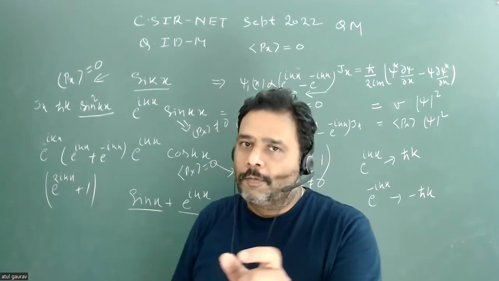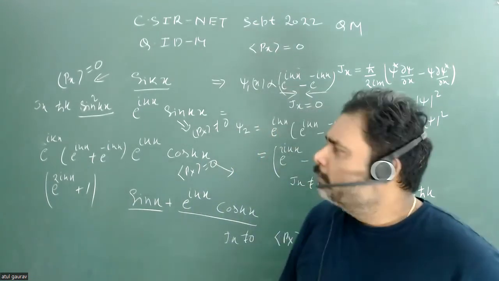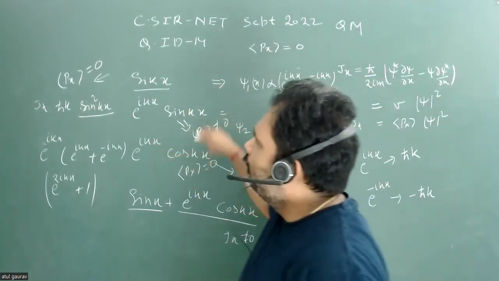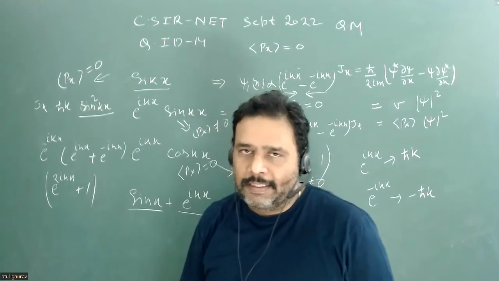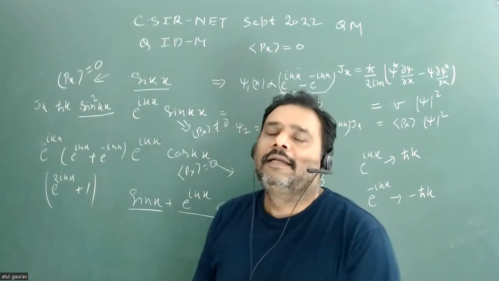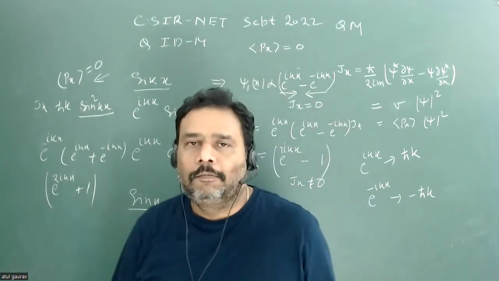The expectation value of momentum cannot be zero. I suggest you use this formula to figure out the current density in each and every case, and you will find that the current density is directly connected to the momentum.